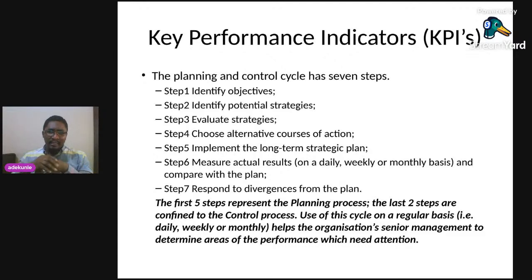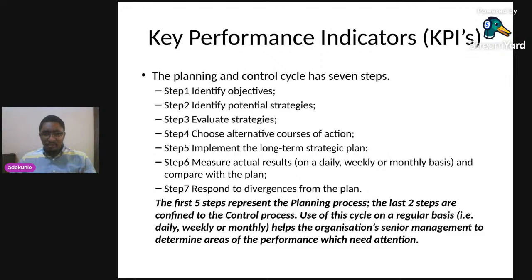Then you measure actual results, maybe daily, weekly, monthly, and compare with your plan. Then lastly, you respond to divergence from the plan in case there are things diverting your attention after you've implemented. So you realize that from step 1 to step 5 represents your planning process.